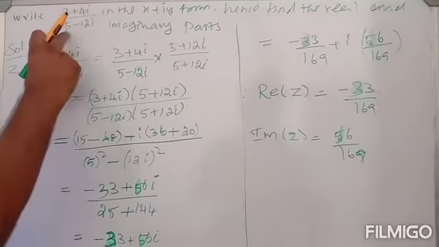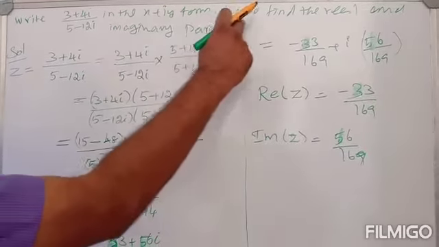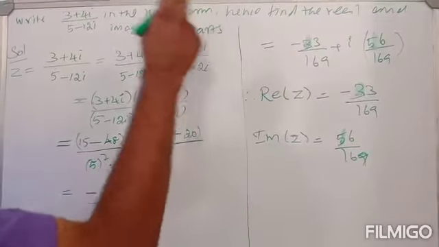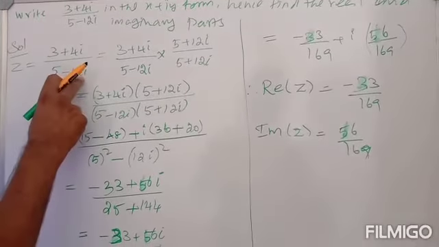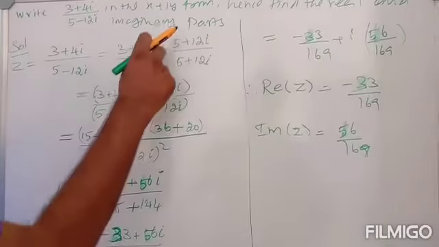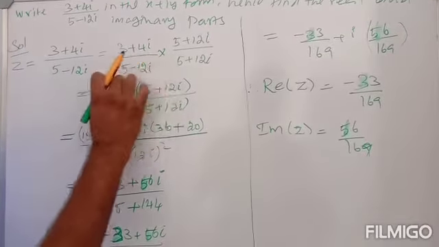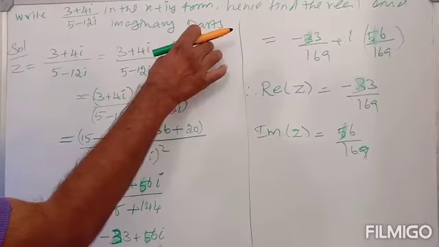Express (3 plus 4i) divided by (5 minus 12i) in the x plus iy form. Hence, find the real and imaginary parts of the number. Let z is equal to (3 plus 4i) by (5 minus 12i). Multiply by the conjugate of the denominator. Conjugate of 5 minus 12i is 5 plus 12i.